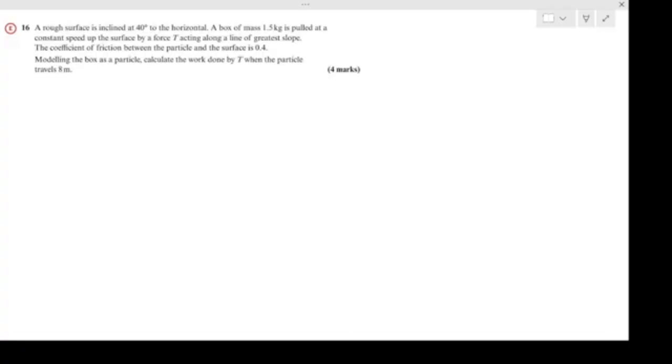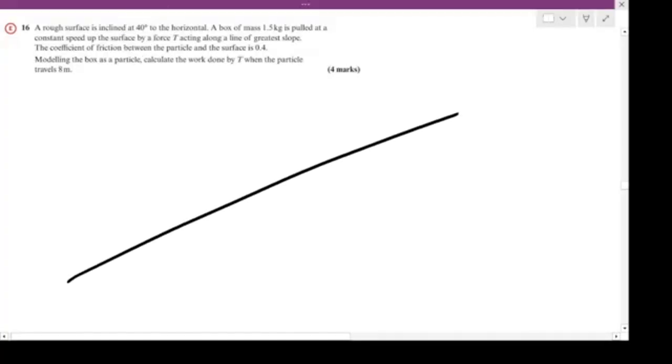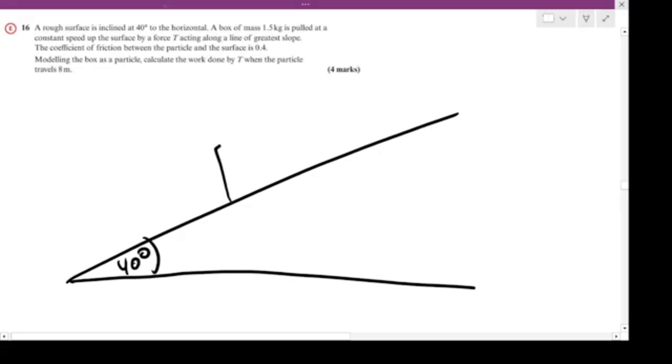If I draw the situation then, again, a similar diagram to what I've just done. Firstly, we've got this surface that's 40 degrees, so it's going to look something like this. Okay, so 40 degrees there. I have my box. The mass is 1.5.